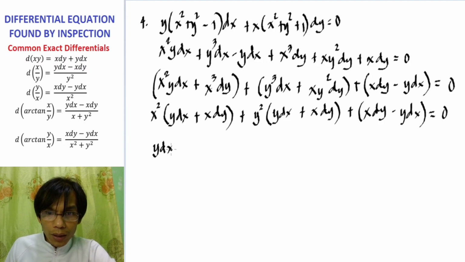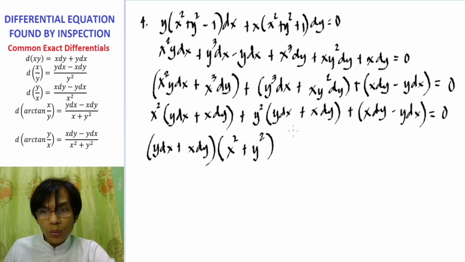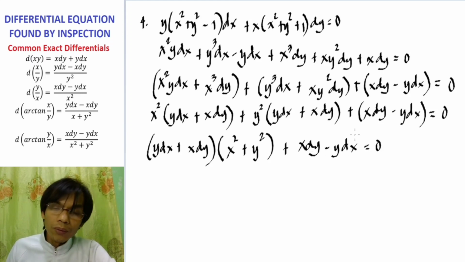So we have y dx plus x dy, and what is left is x squared plus y squared, plus x dy minus y dx is equal to 0.